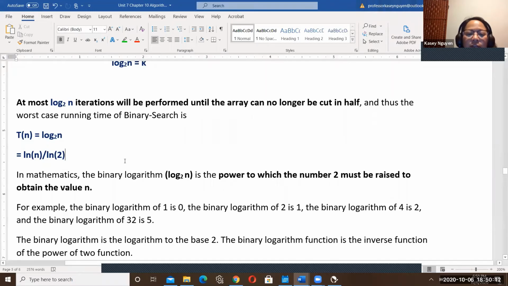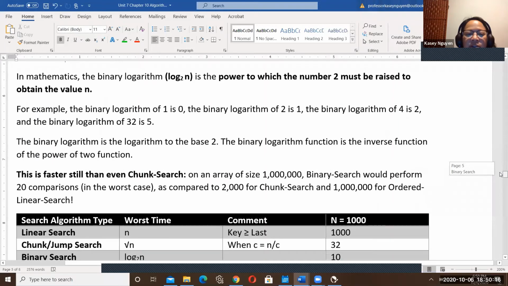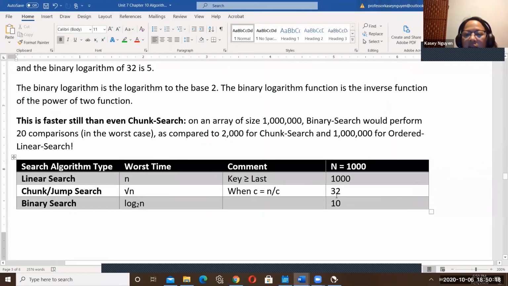So binary search would be much more efficient. When we look at this table, we can compare them. In the worst case, linear search is the number of inputs, n, and we simply compare the midpoint to the highest value, so the key is in the last half compared to this half.